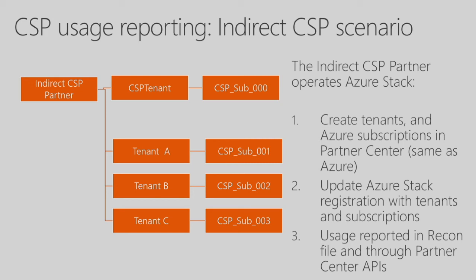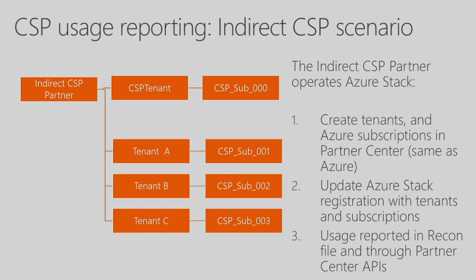Actually, what you set up in Azure Stack for this situation is very similar to what you did in the direct scenario. The only thing that is different, as those of you who are indirect CSPs know, is when the indirect CSP creates a new customer in Partner Center, they declare as an attribute of that customer which reseller the customer is associated with.